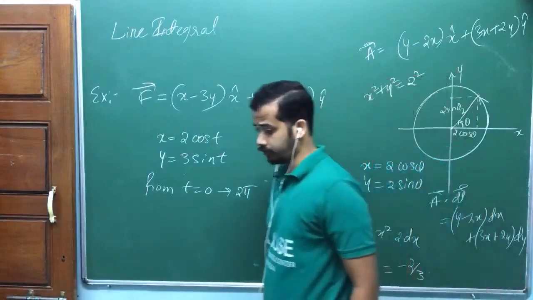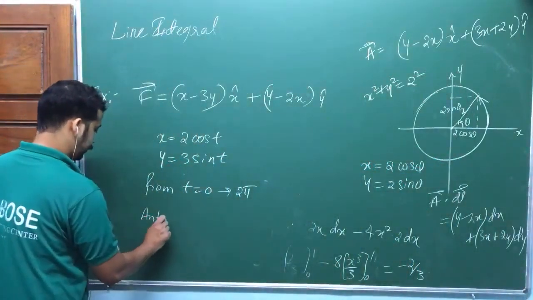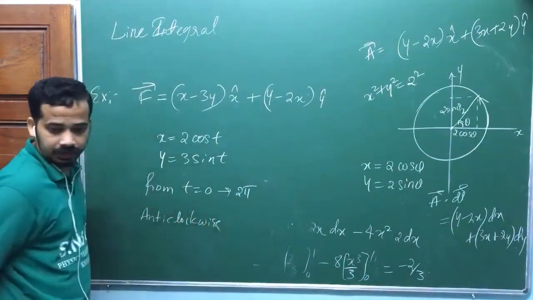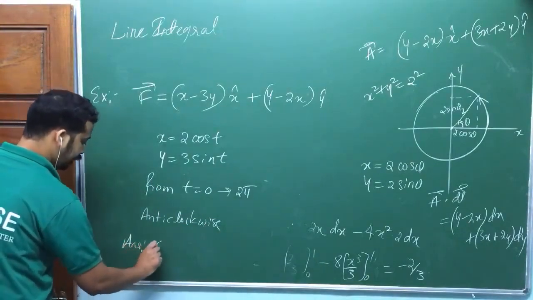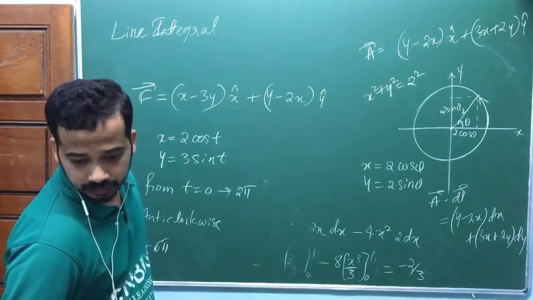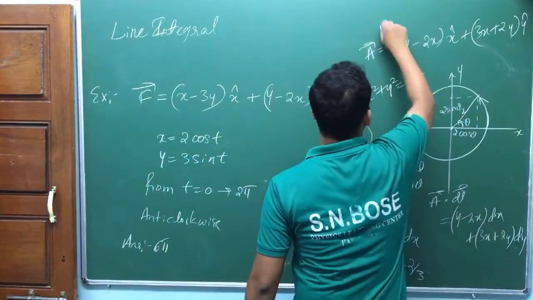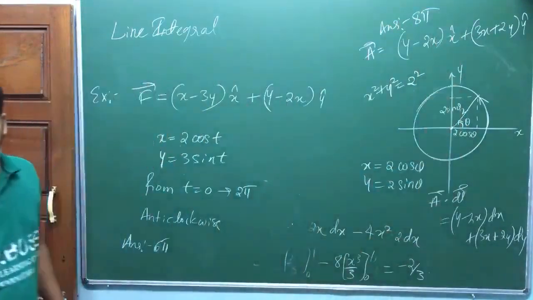Along the anti-clockwise direction, the answer is 6 pi. The earlier question was also anti-clockwise, and its answer is 8 pi. Note down the answers. Try to do these two questions later.